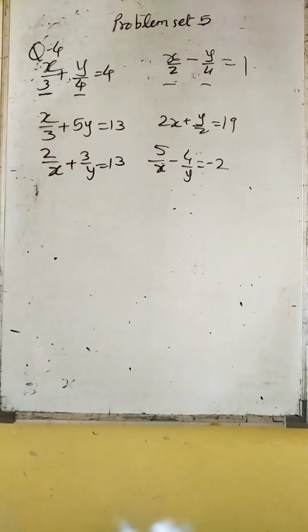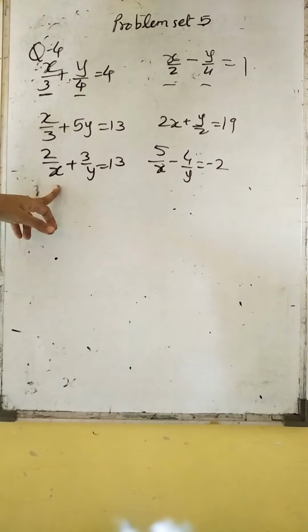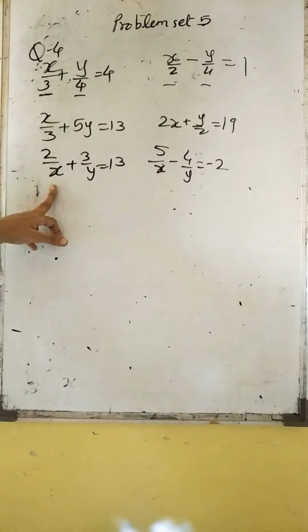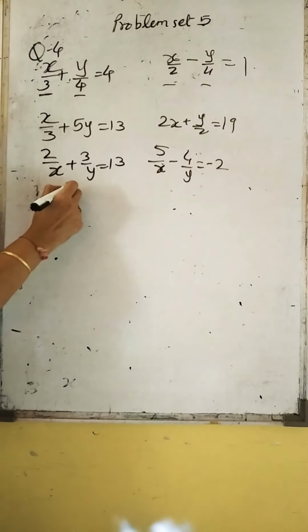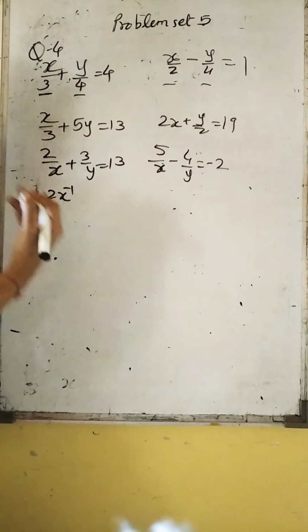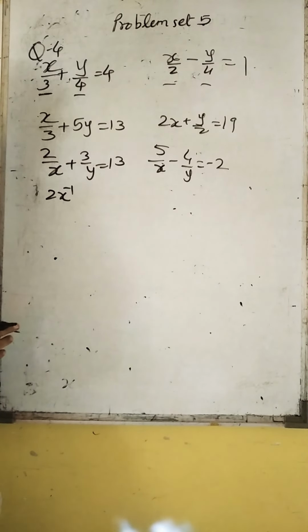If it is like this, son, see here the coefficient is not in the denominator, the variable is in the denominator, and when the variable is in the denominator, what will its power become? 2 into x raised to minus 1. So this is not a linear equation. This doesn't become a linear equation in one variable. Then how come this question is in this chapter?